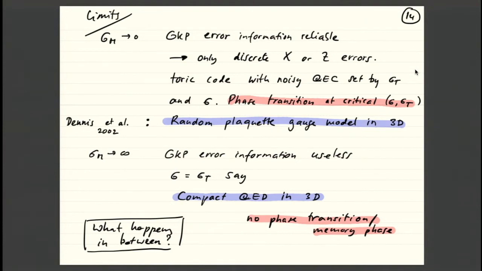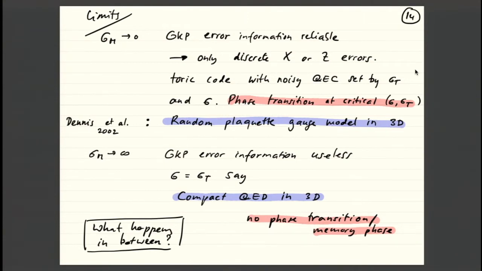But now there is another limit where sigma m goes to infinity, meaning that this GKP error information is completely unreliable. I may as well not do it, because then it turns out that if you express this maximum likelihood problem, you get a compact QED in 3 dimensions.